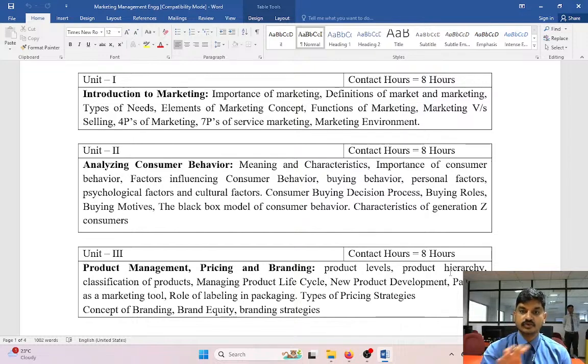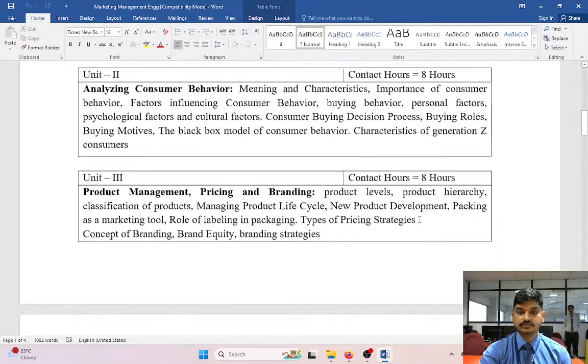So we shall be throwing some light here on these aspects. Then we shall understand about the buying decision making process, different roles that people perform while buying, and there's something called as characteristics of the Gen Z. Gen Z are basically you people. How has buying changed over a period of time? This is what will be discussed in unit number 2.